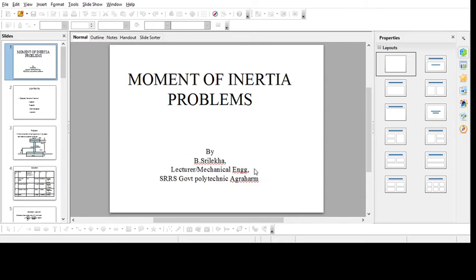Similarly for the second section, this is 10, so L by 2 is 5.